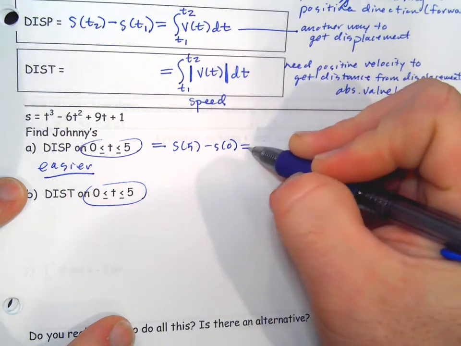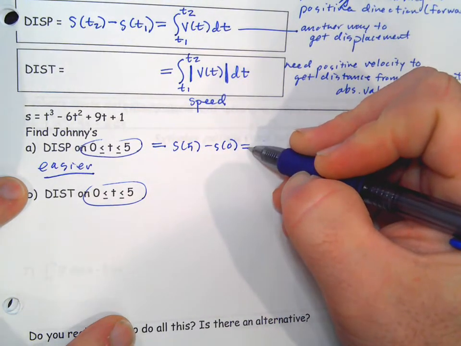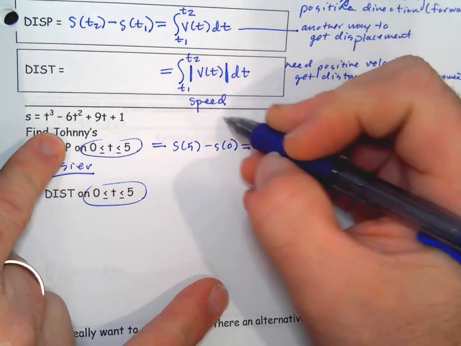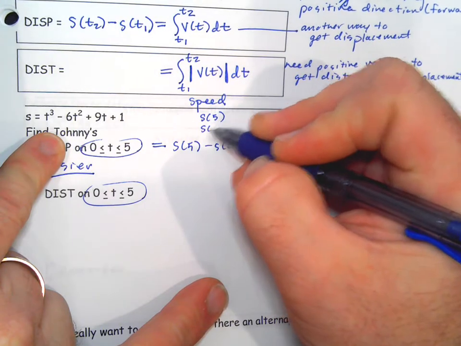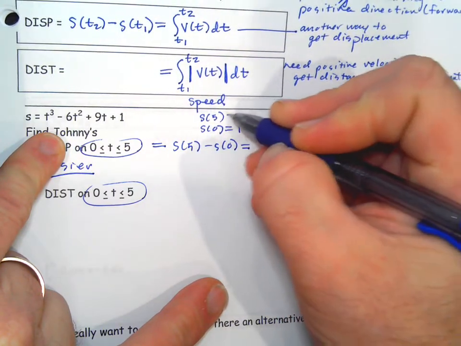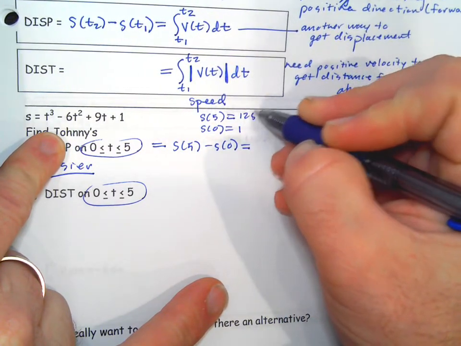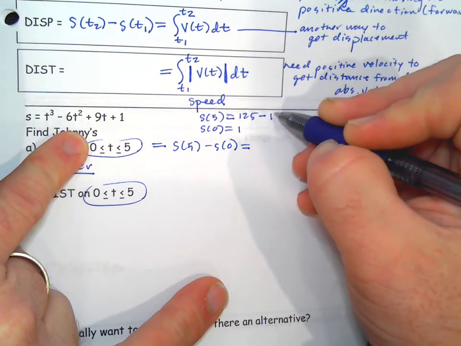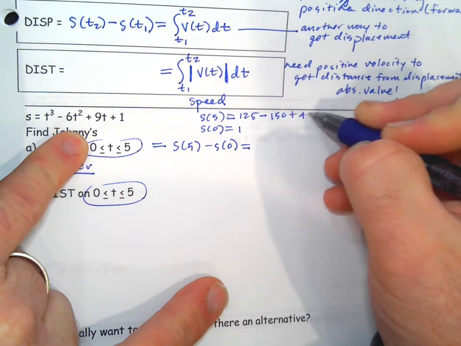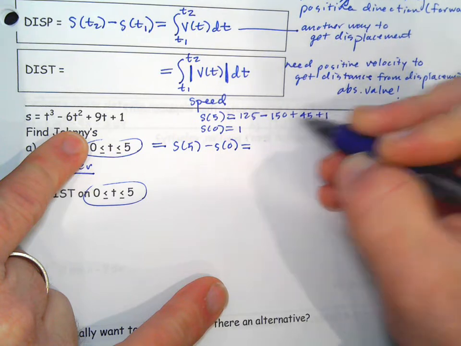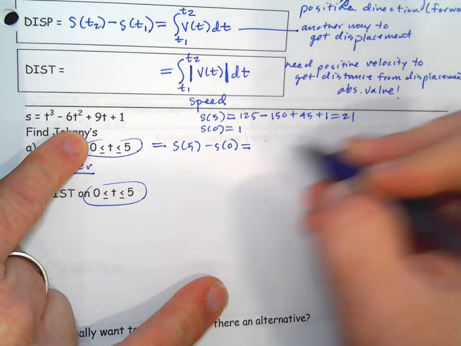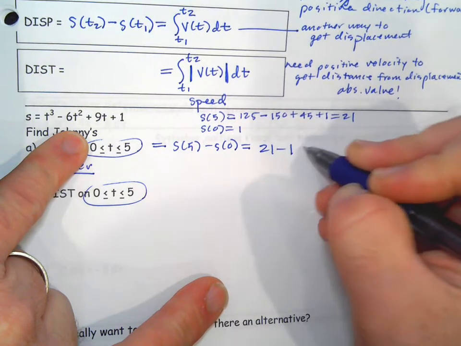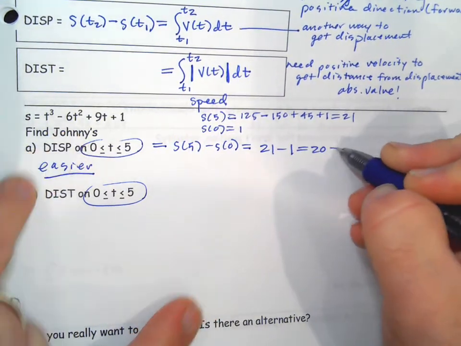If we plug 5 in, I don't know if we should do the work for these separately, it might be worth it: 125 minus 150 plus 45 plus 1, negative 25, it's going to be 21. So this is going to be 21 minus 1, which is 20. That's the displacement.